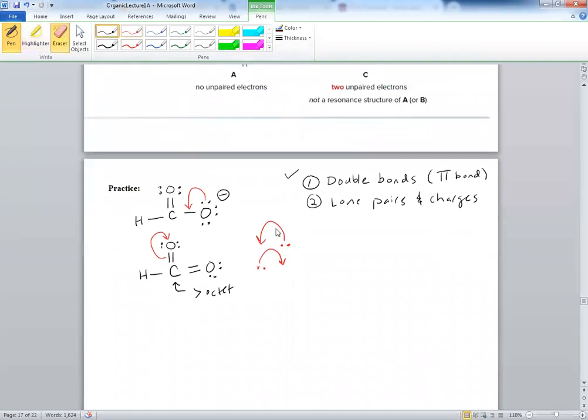So I'm going to erase these arrows and show you the final product. Okay, now here it is.